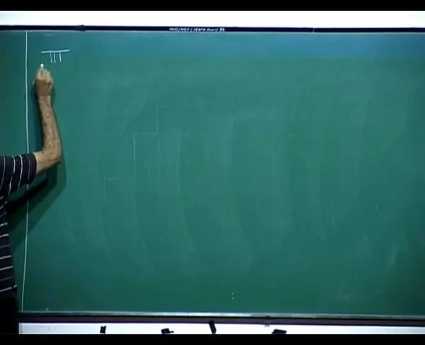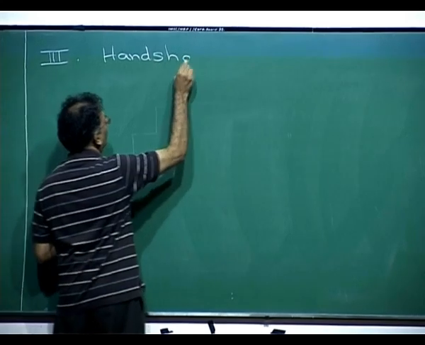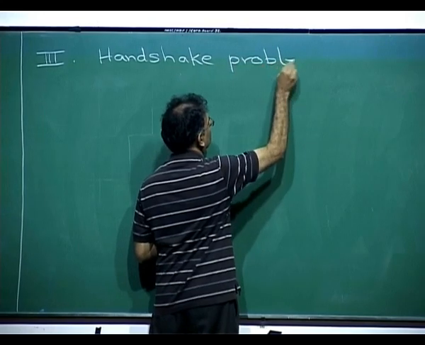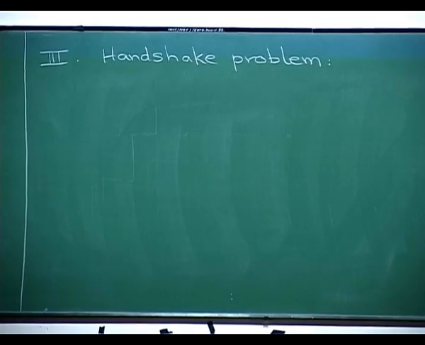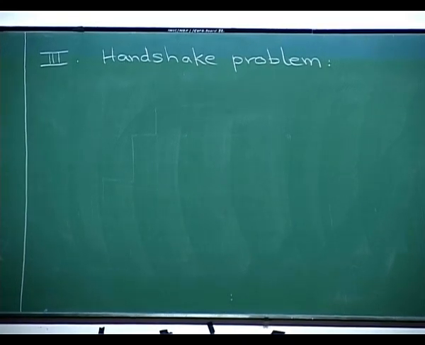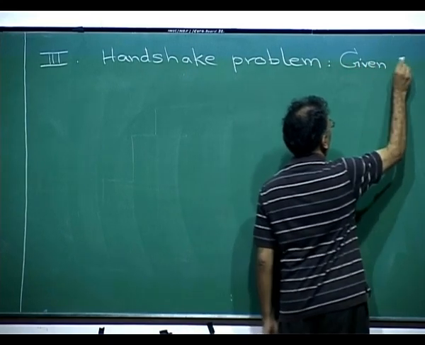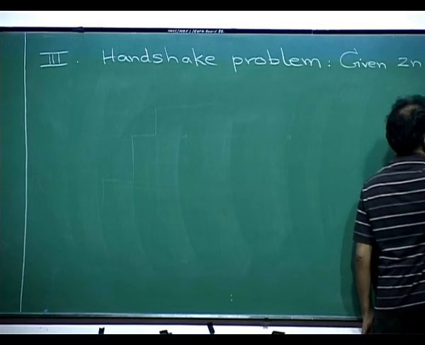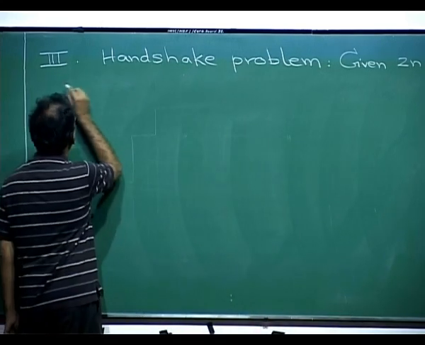So third one is, let's call this the handshake problem. Okay, so you're given 2n people sitting around a circular table.